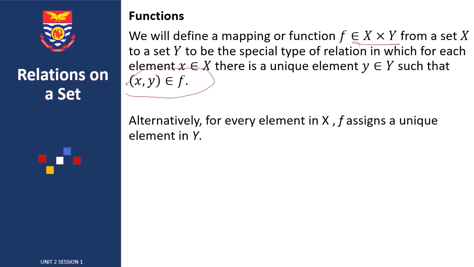The ordered pair (x, y) is a member of f. Good. So that's how we are going to define mapping here. In this case, X is referred to as the domain of the function and Y is referred to as its codomain. Elements in the codomain which are images of the elements in the domain constitute the range of this function.